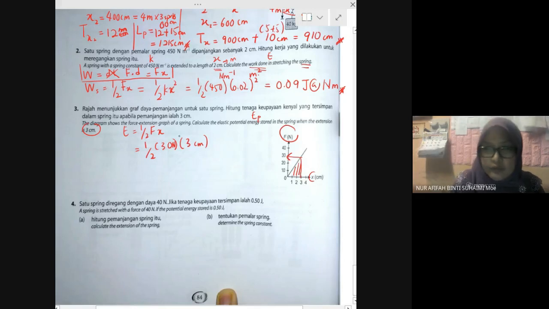So half times 30 times 3 is 45. But 45 joule cannot be used; you have to write Newton cm, or convert this to 0.03 meter. Then we can get 45 joule.